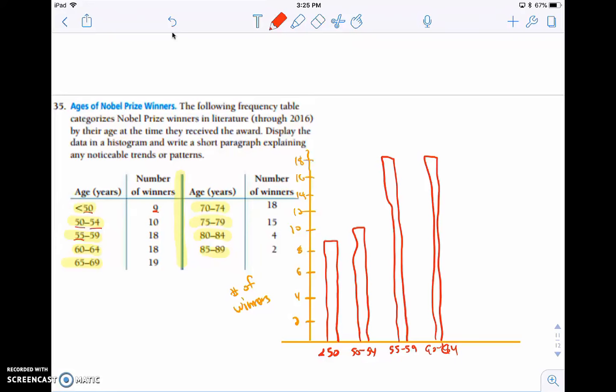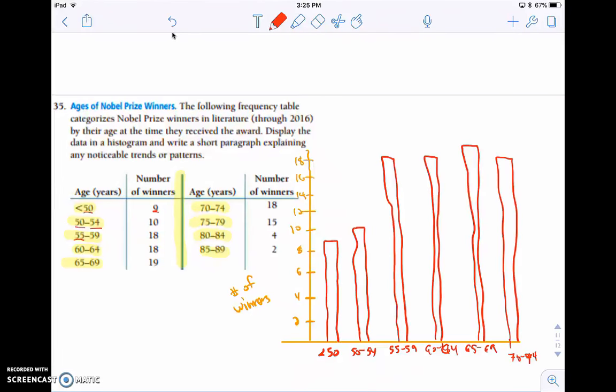It's not the easiest. It's my pencil's sliding all over the iPad here. 65 to 69 comes up, peaks us out at 19. And then 70 to 74 drops us back down to 18.